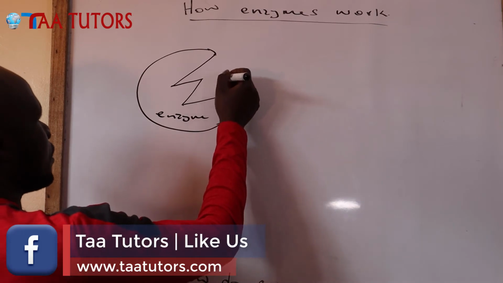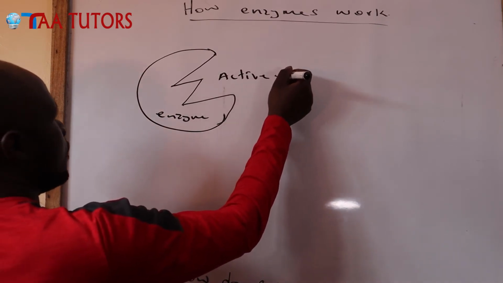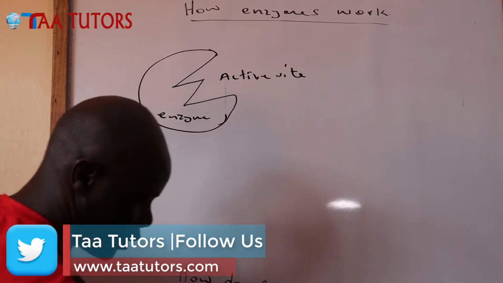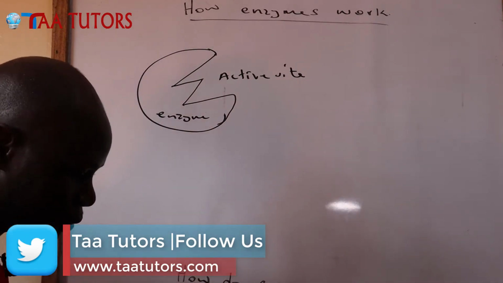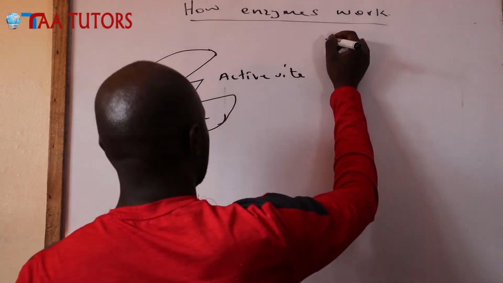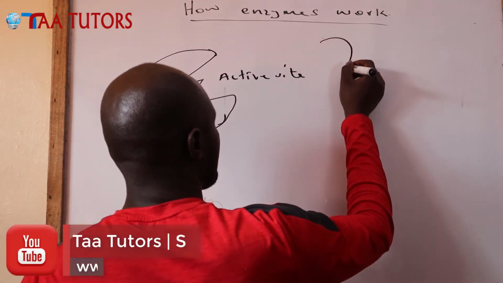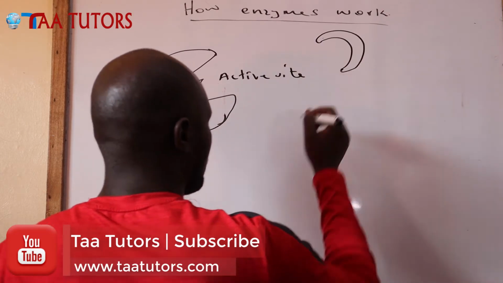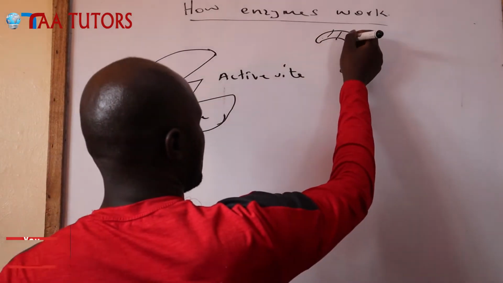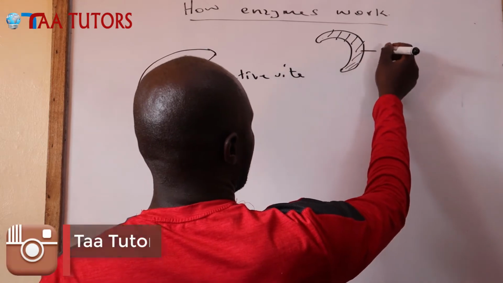This is now the active site. You can see the shape that it has here. If I have this substrate here, what will happen? If this is my substrate. Now, if you look at my substrate, assuming that this is the substrate that I have.